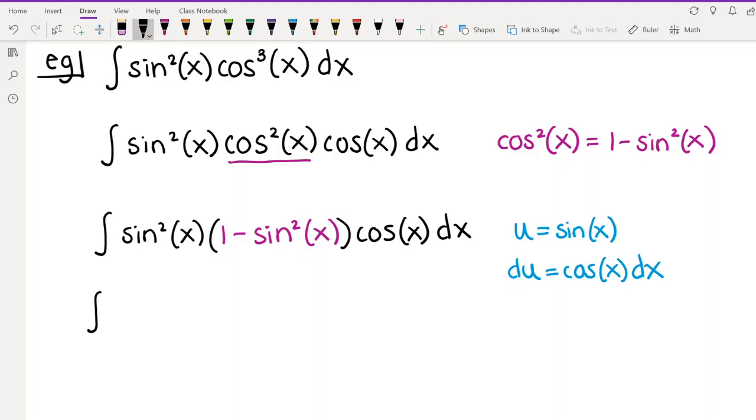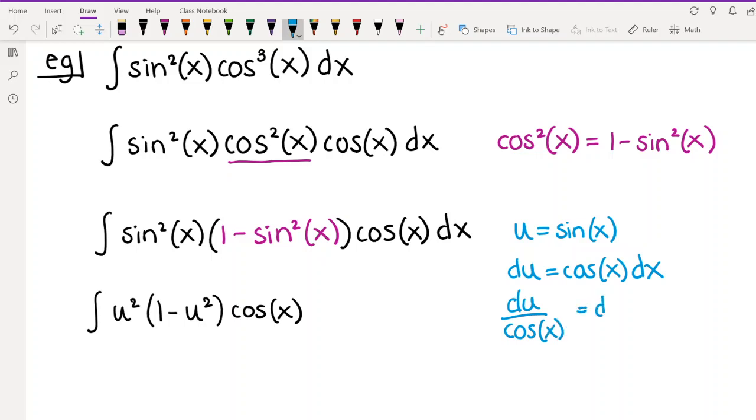So now we have the integral of u squared times 1 minus u squared times cosine of x times, and I didn't quite solve this, so this means that du over cosine of x is equal to dx. So then we can put in du over cosine of x.